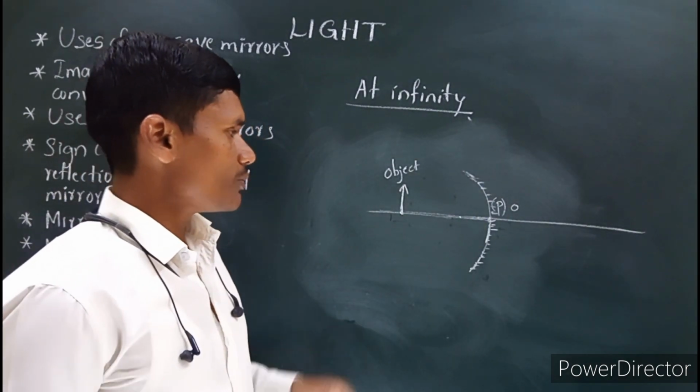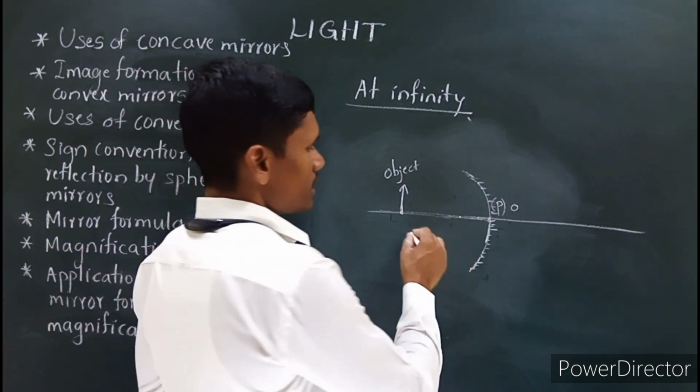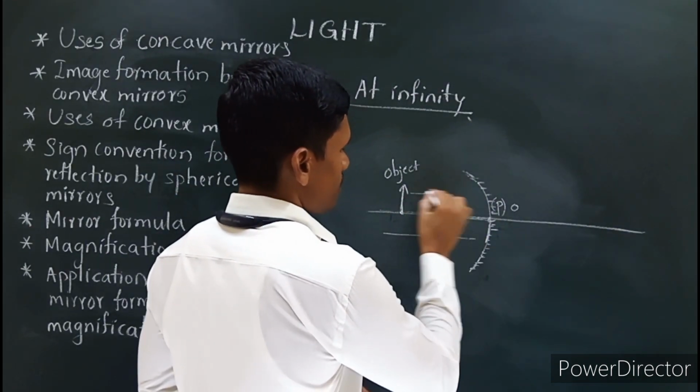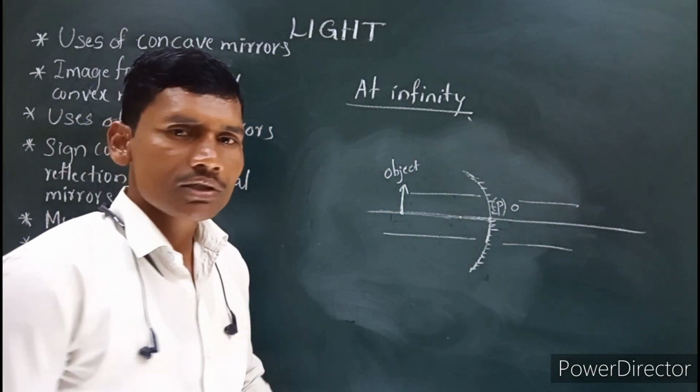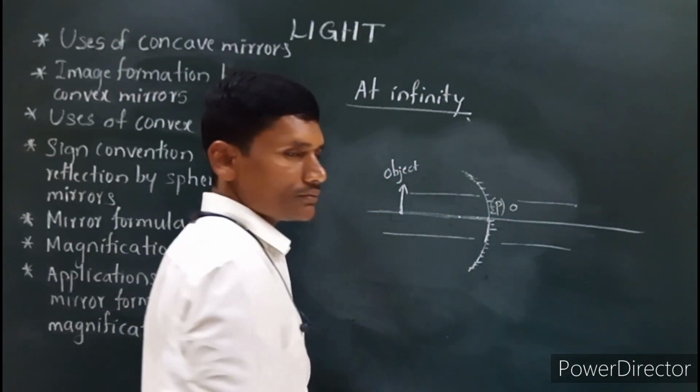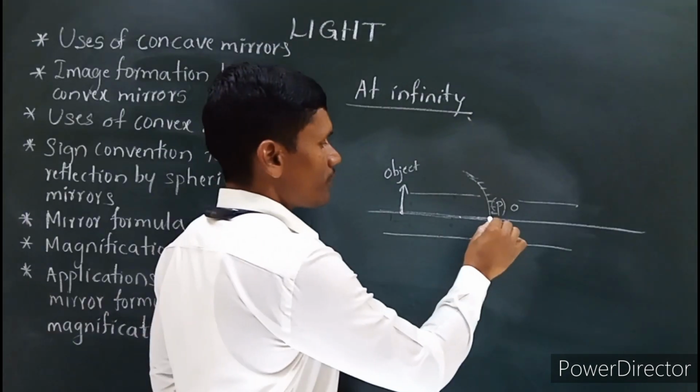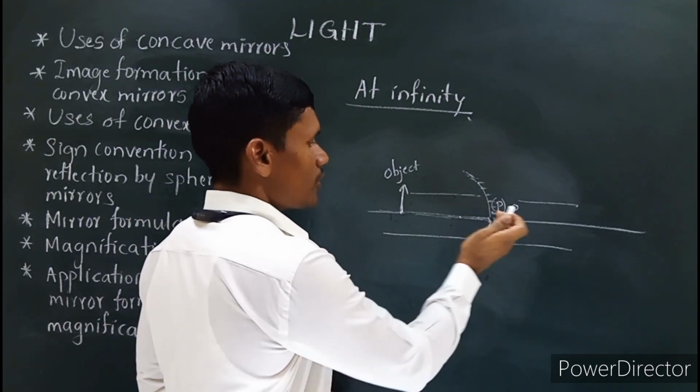Next, coming to the second point, all the distances parallel to the principal axis are measured from the pole of the mirror. They are always measured from the pole of the mirror, to the left or to the right.